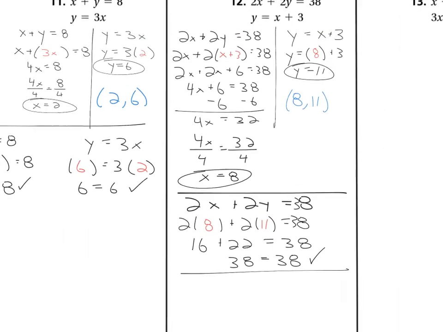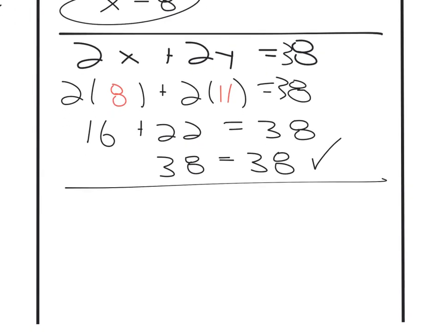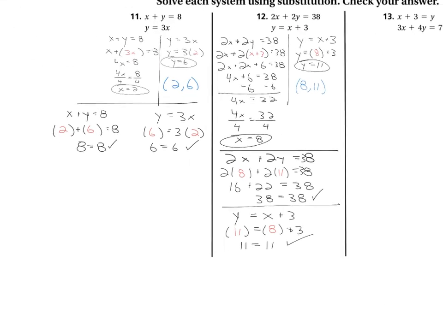Okay? And the next equation is y equals x plus 3. Substituting in, and I know that x was 8, what we found, and y was 11. And if we do this math, we get 11 equals 11. Check.